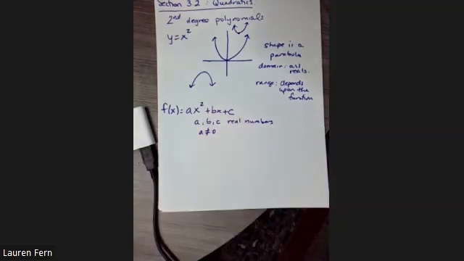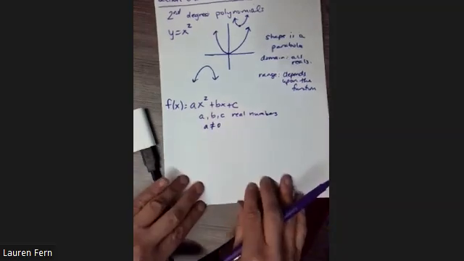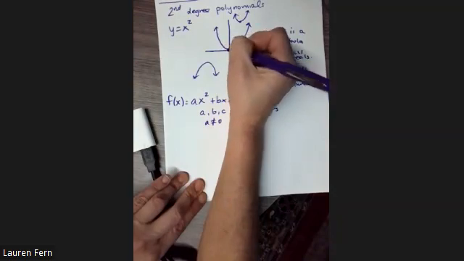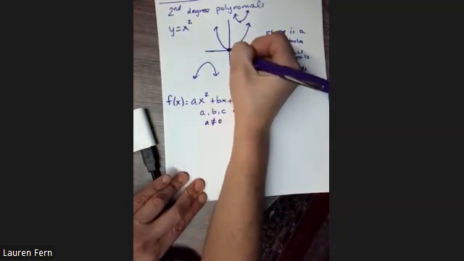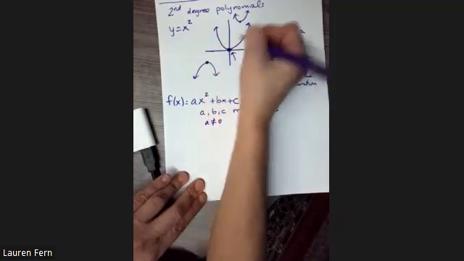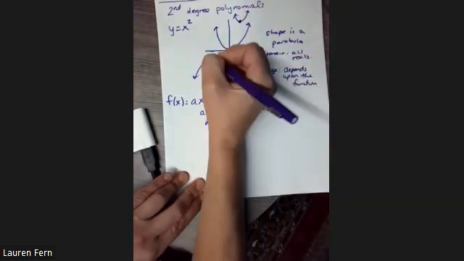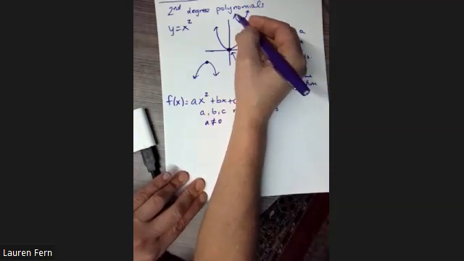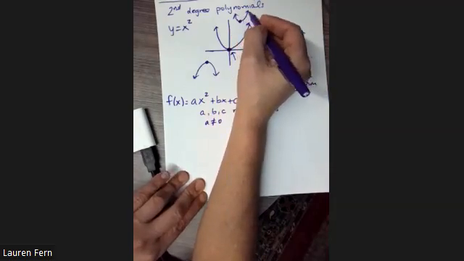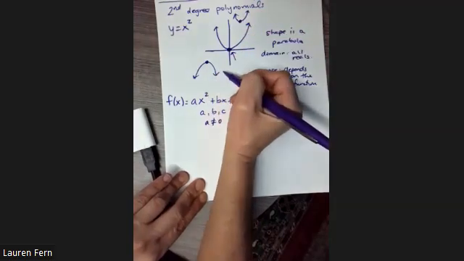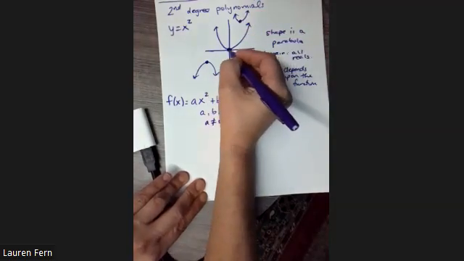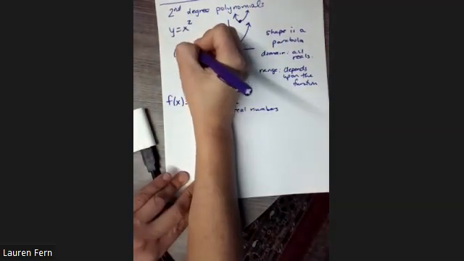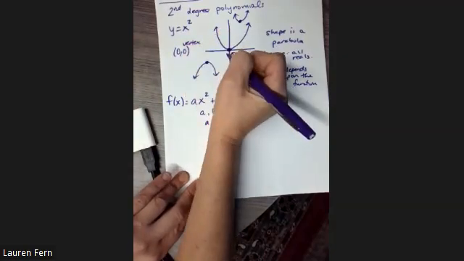So some things that are notable about these graphs is we talk about what's called our vertex, okay? In this case, this is our vertex, here's our vertex here, and here's our vertex there, okay? Notice that's the point where our function changes from either decreasing to increasing or increasing to decreasing. So for our general quadratic, our vertex is at the ordered pair 0, 0.